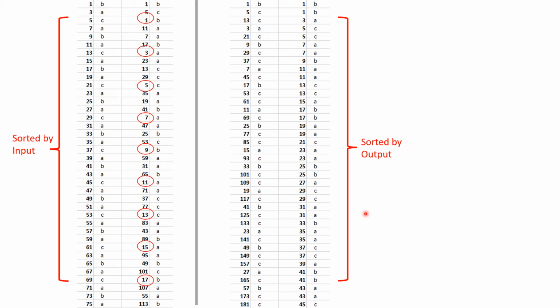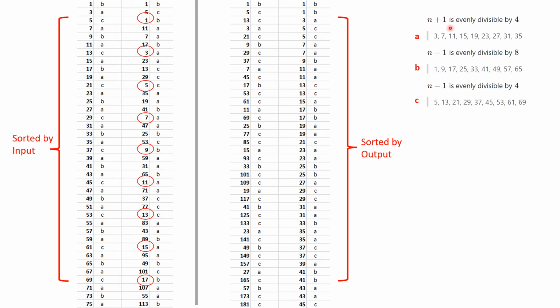On the output, let's just have a look at what the A, B, and C mean. You'll notice that BACA repeats itself for the consecutive odd integers, and A begins with the first number that's congruent.